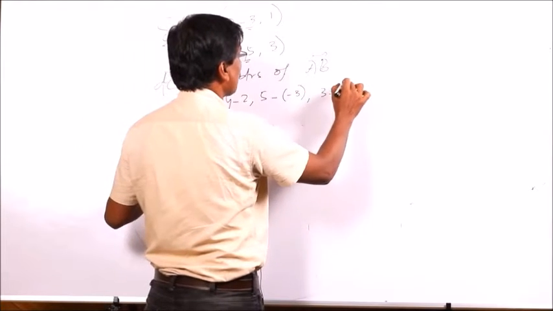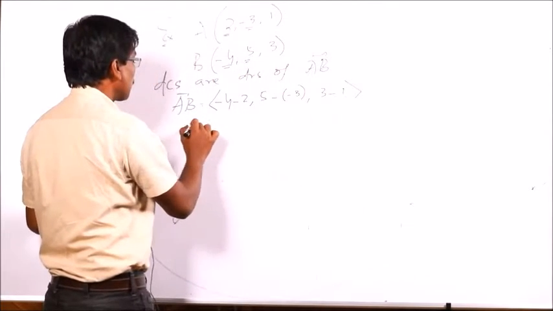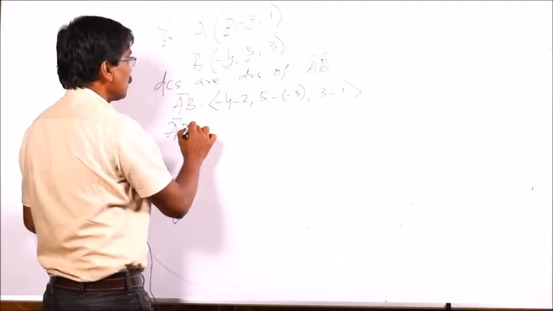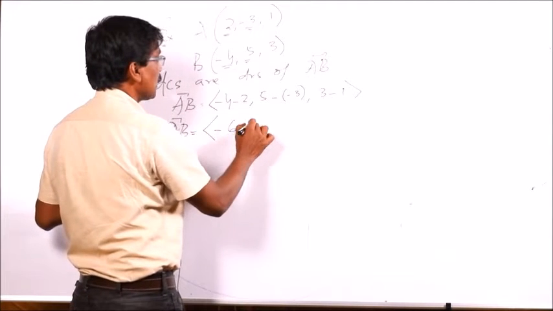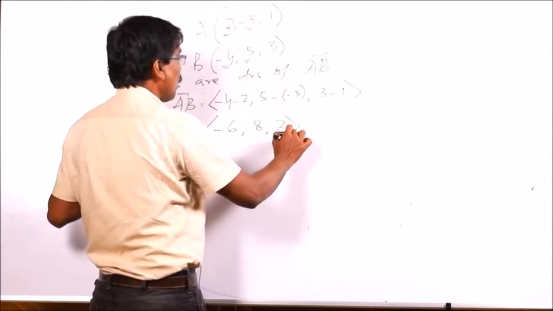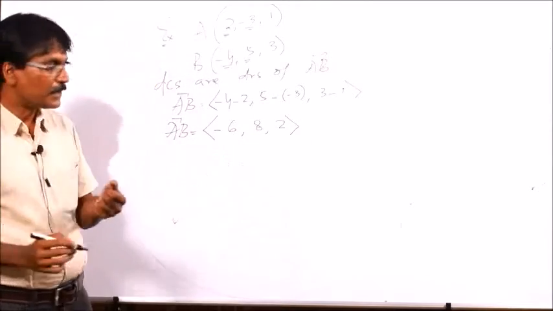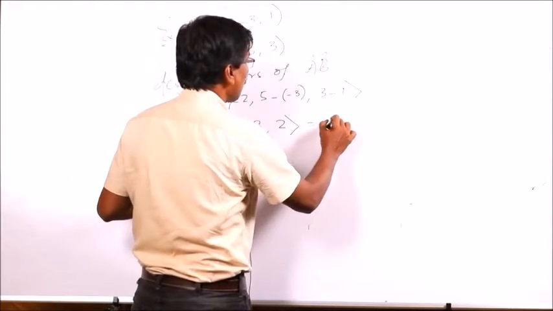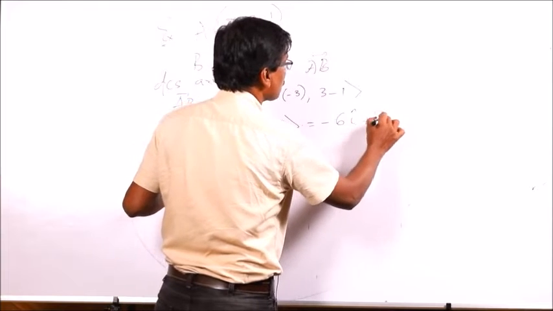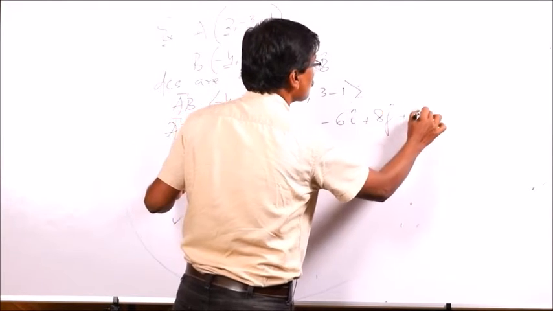and 3 minus 1. So AB vector is equal to -6, 8, 2, or we can write it component wise, that is equal to -6 i cap plus 8 j cap plus 2 k cap.